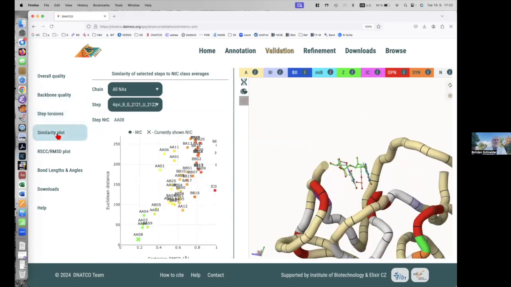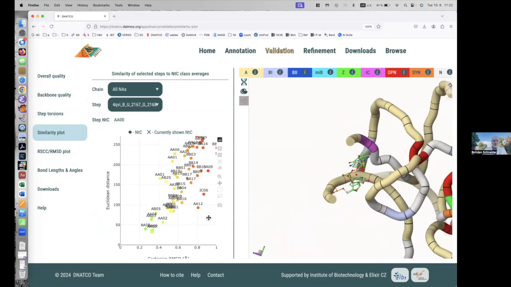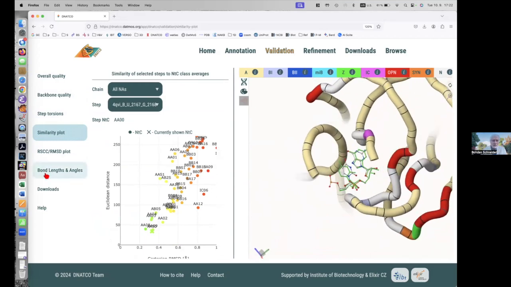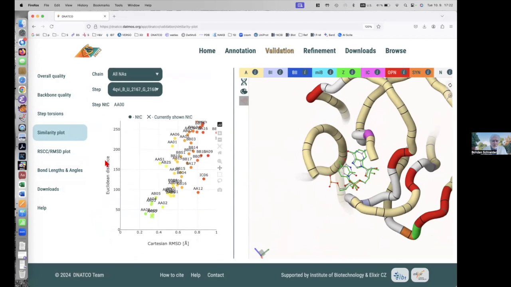A similarity plot shows how close your analyzed step is to all other NTCs. You see here it's AA08. I will click here and, sorry, I probably don't use it as I should. Because this is not AA.